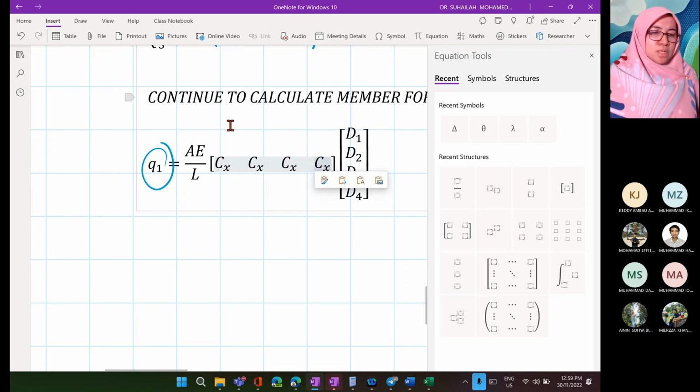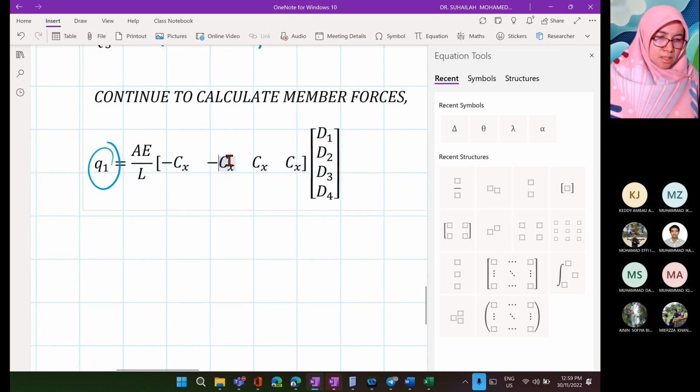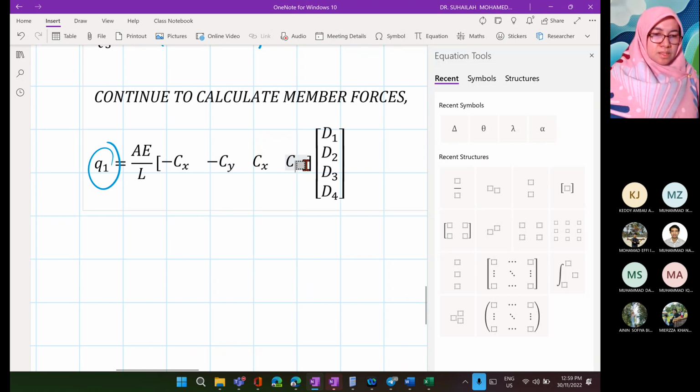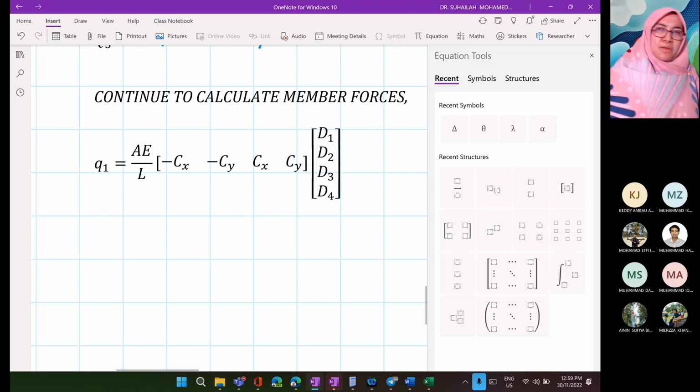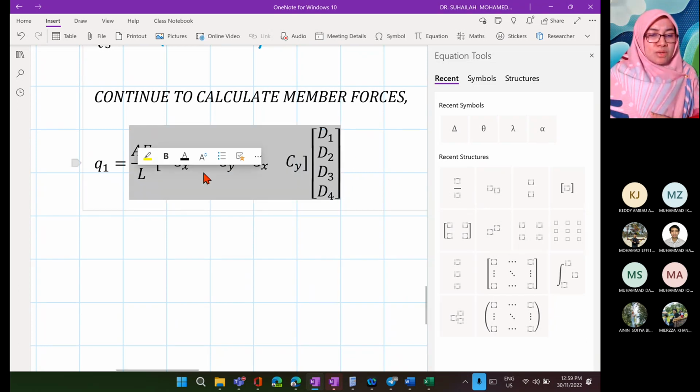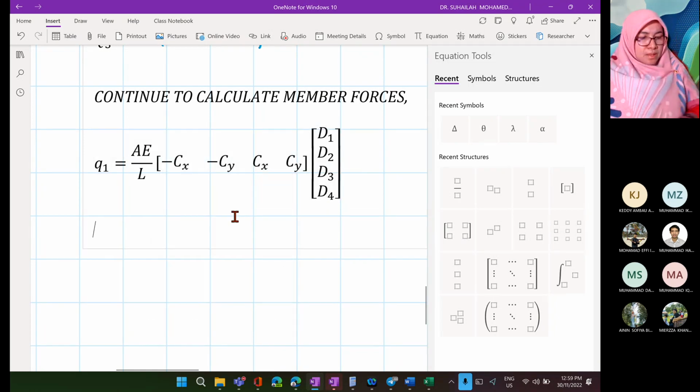So this is the formula. The formula is negative CX, negative CY, CX, CY. To calculate Q1, the member force for element number 1, we just need to substitute all the values that we have calculated.